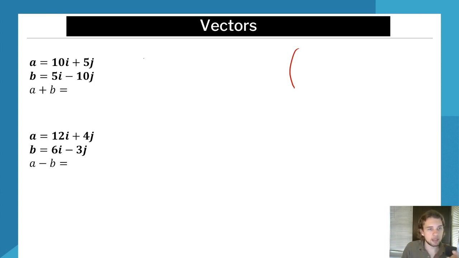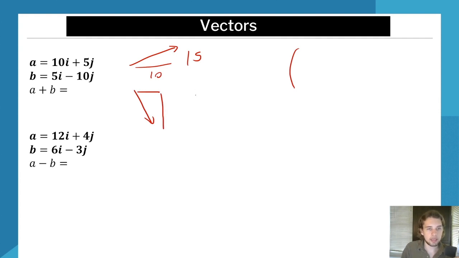So A is equal to 10i plus 5j. We could try to represent this as sort of like this line here, where we have 10 across and 5 up. And then we have B is 5i minus 10j. So we could represent this as sort of a line going down here, where it goes 5i across and then 10j down.